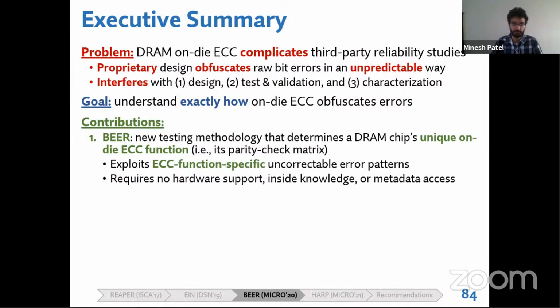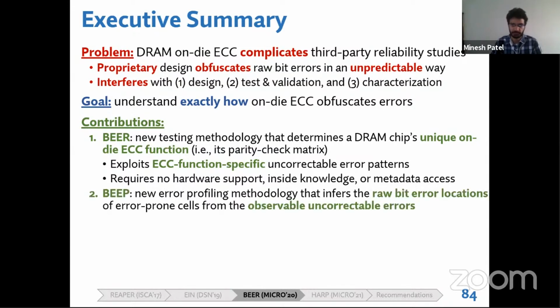First, we introduce BEER, which is a new testing methodology that determines a DRAM chip's unique on-die ECC function. In other words, its parity check matrix. BEER exploits ECC function-specific uncorrectable error patterns to do so, and in this way, it requires no hardware support, inside knowledge, or access to ECC metadata.